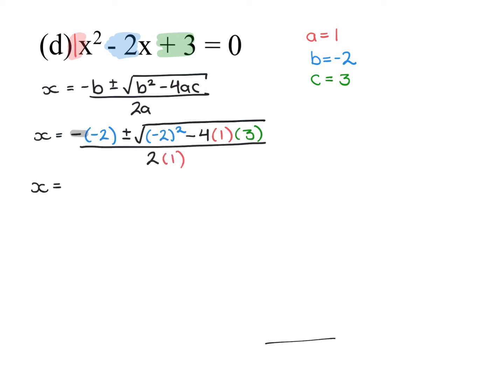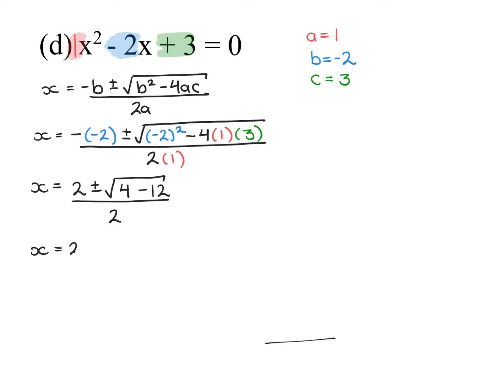All right, now remember you've got two negatives here, so that's going to make it a positive 2. Plus minus negative 2 squared is positive 4, and I'm going to multiply this whole thing out, which comes to negative 12. Close the square root, all of that over 2 times 1, which is just 2.